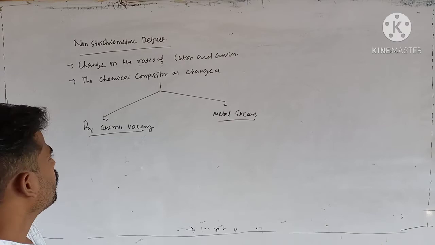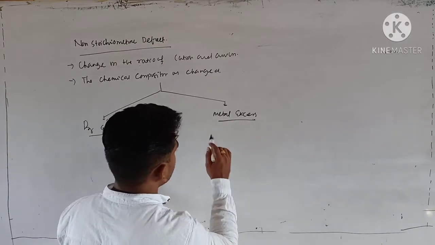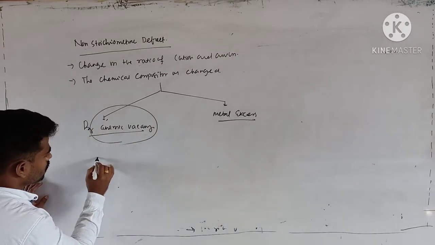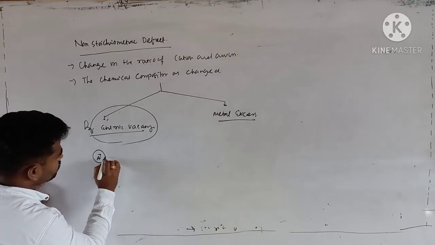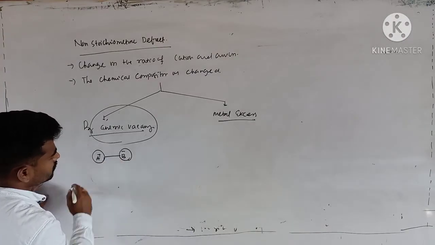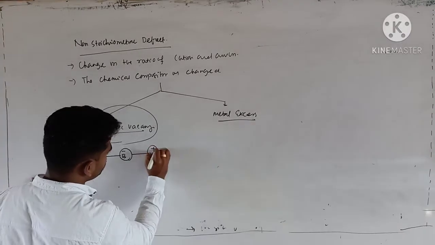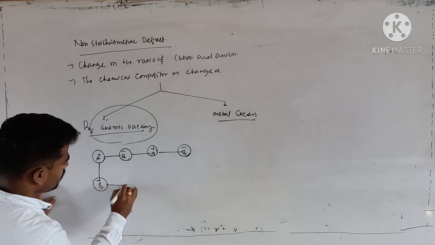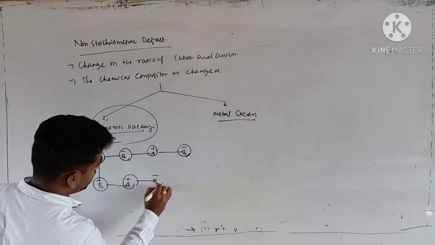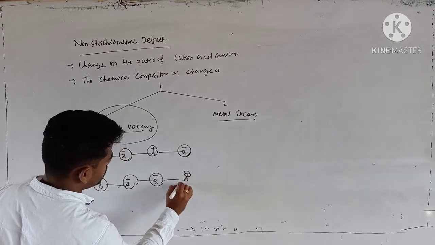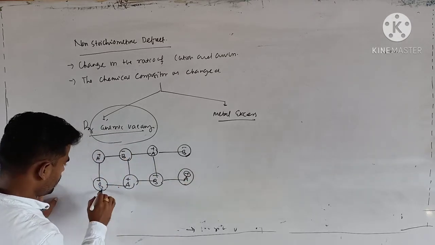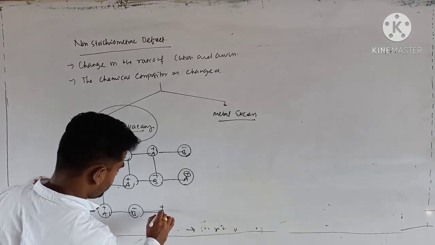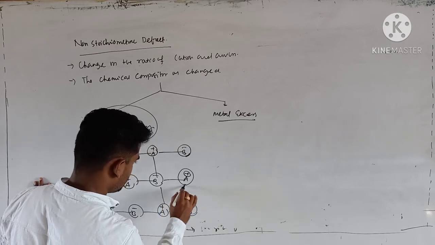So for example, let us consider first the one by making anionic vacancy. Anionic vacancy means, suppose a crystal is like this: A plus B minus, A plus B minus, again A plus B minus, like this.